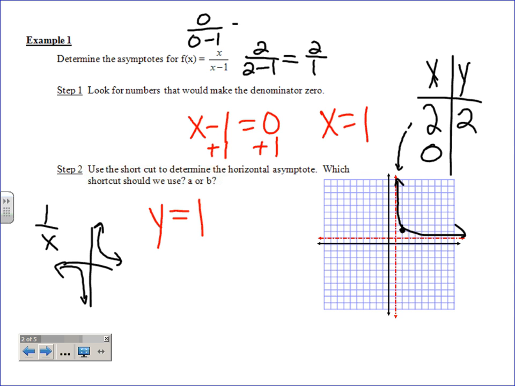So it's 0 over negative 1. So it's 0 comma 0. Because 0 on the top is fine. 0 on the bottom, no good. So it's 0 comma 0, right? Right there. And what's it going to do? It's going to get pulled towards that asymptote and pulled towards that one. They will not connect. Okay?